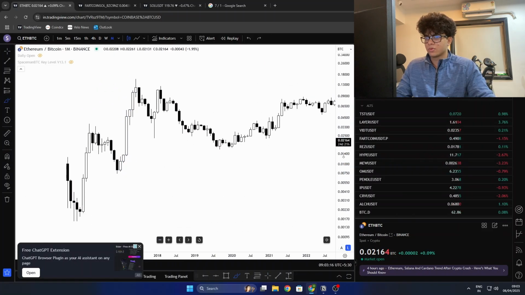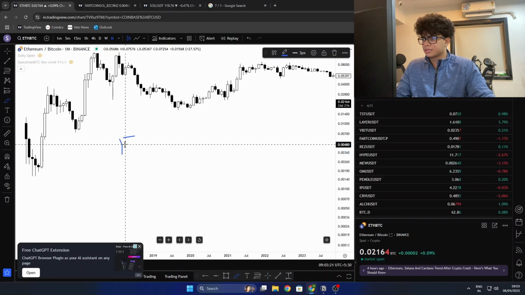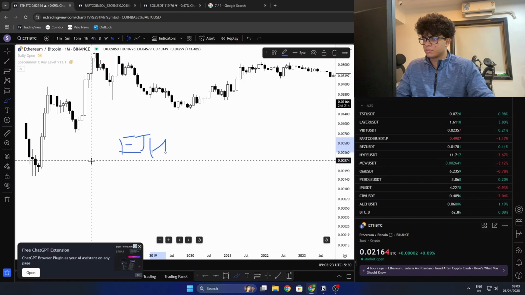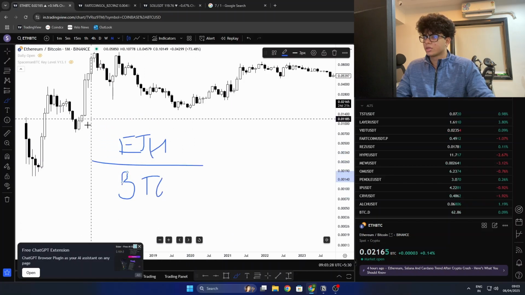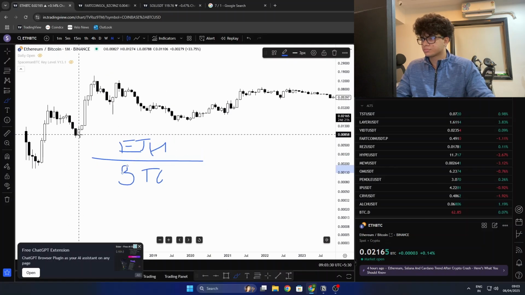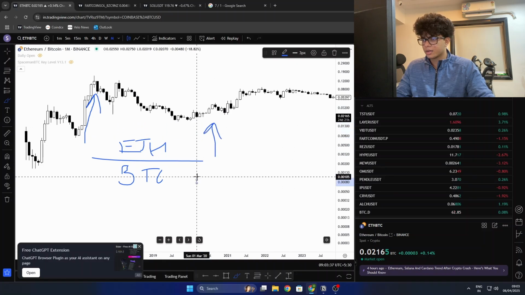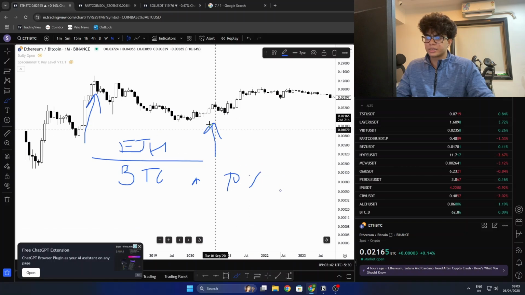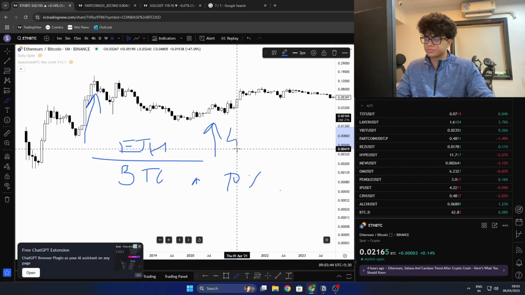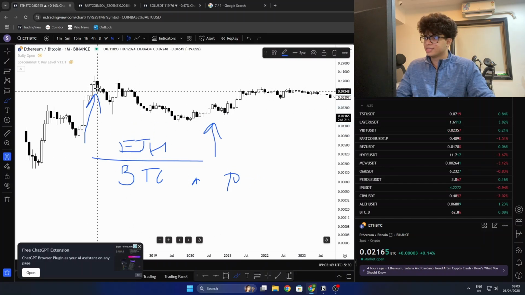What happened here was, let's say this is ETH, this is Bitcoin, right? Both Bitcoin and Ethereum were going up, but ETH went up drastically compared to Bitcoin. So let's say Bitcoin went up 10%, but Ethereum went up 40%, right? That is why we had this.